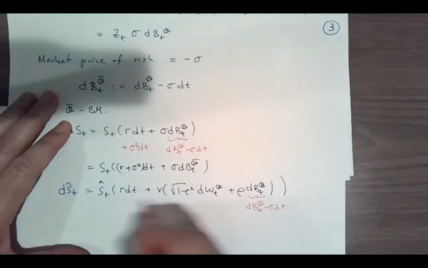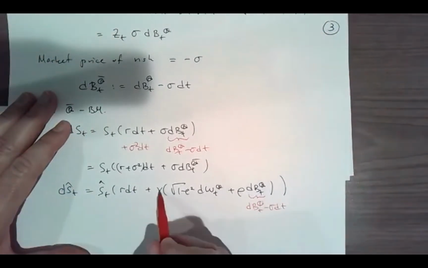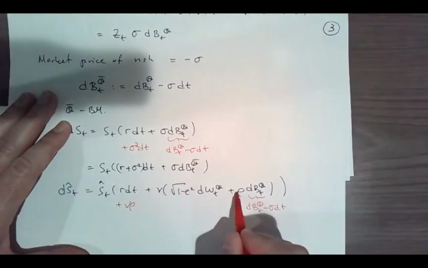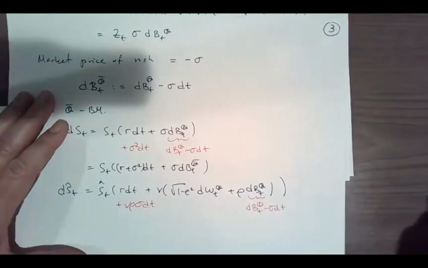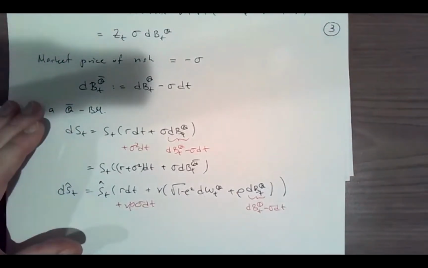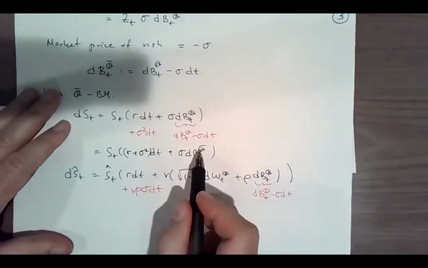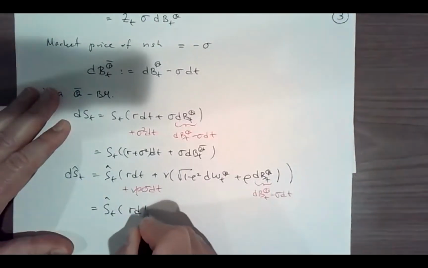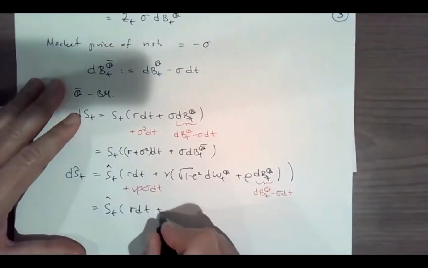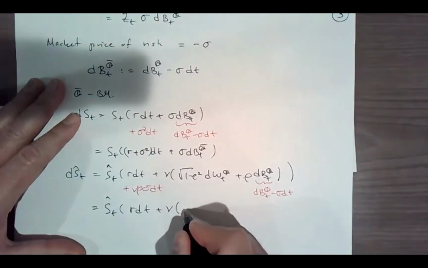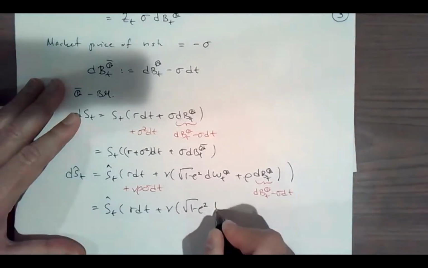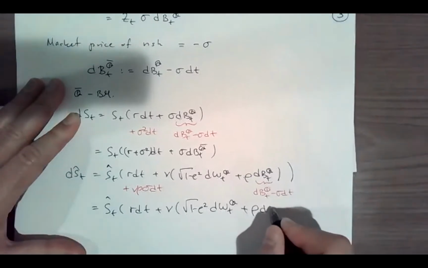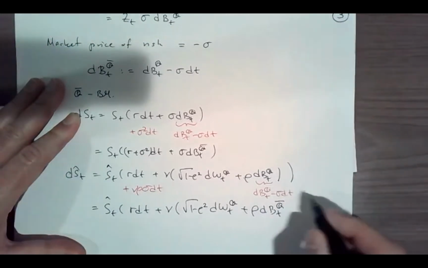And then I have to add up something else here. Now what is outside will be nu rho, so I need to add nu rho sigma dt. So under that new measure, S hat_t will change the dynamics to be nu, root 1 minus rho squared dW plus rho dB_T^Q bar.